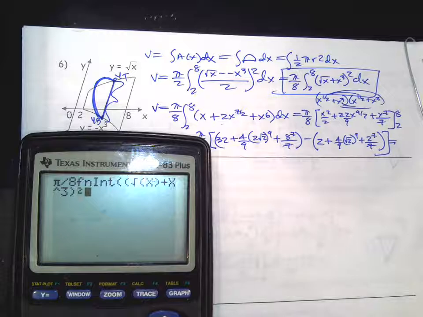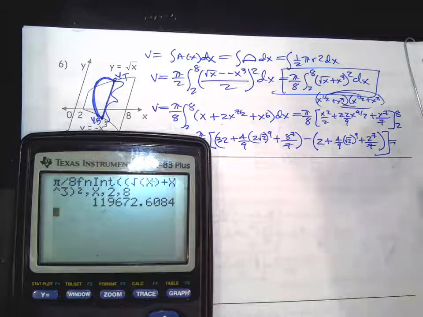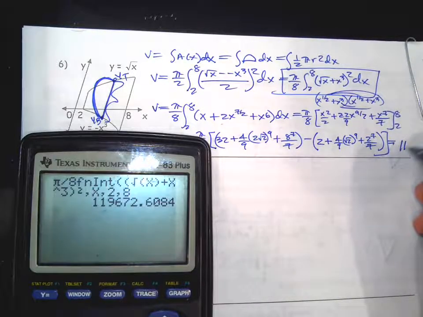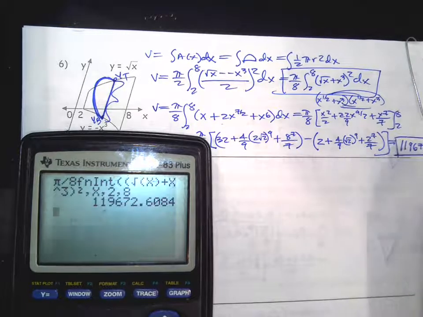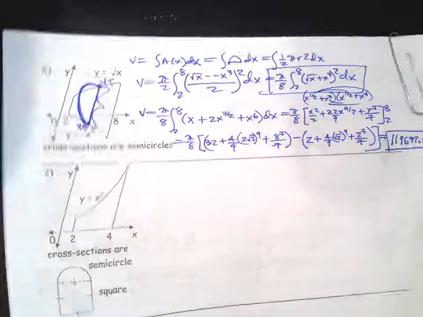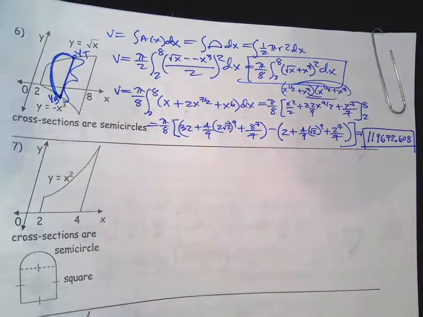Make sure you square it, comma x, comma 2, comma 8. So this is the answer, 119,672.608, rounded truncated, comes out the same thing this time. Big answer. All right, next one.